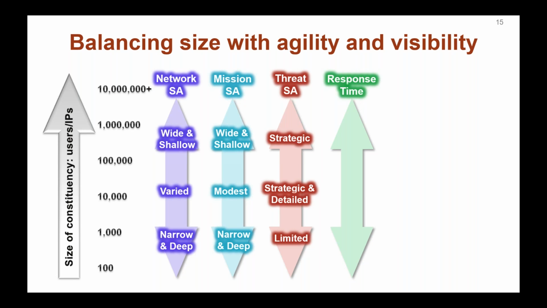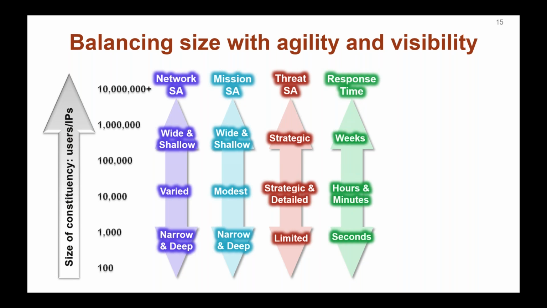With threat situational awareness, generally folks with a very small constituency have very little time to be concerned with what particular campaigns are happening against, for example, their area of industry or business or government or education. Very large SOCs, by contrast, have the ability to have a pretty comprehensive understanding of what's going on.